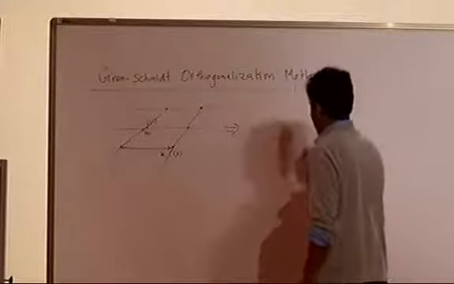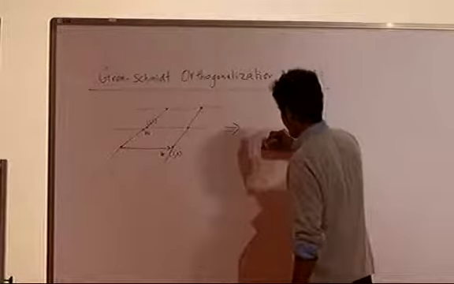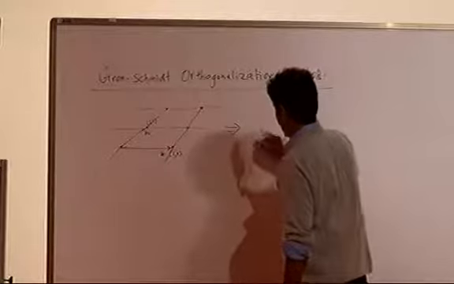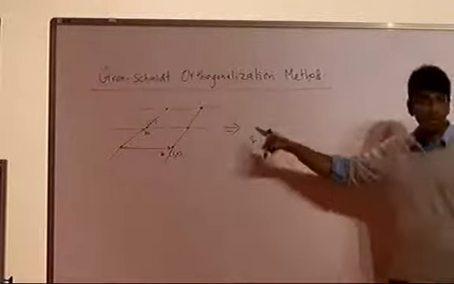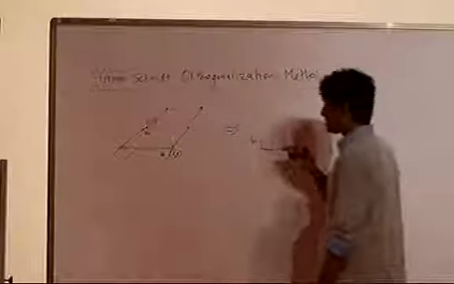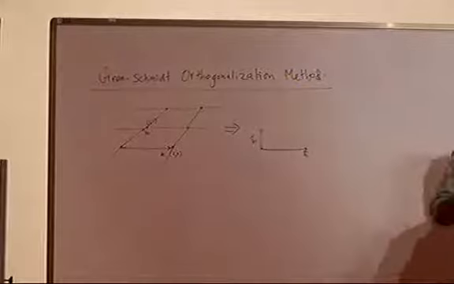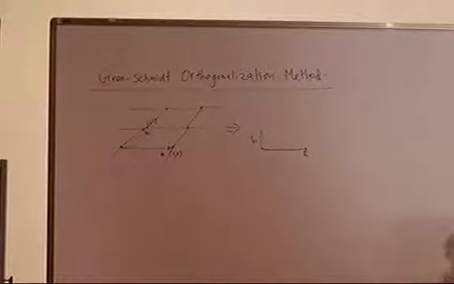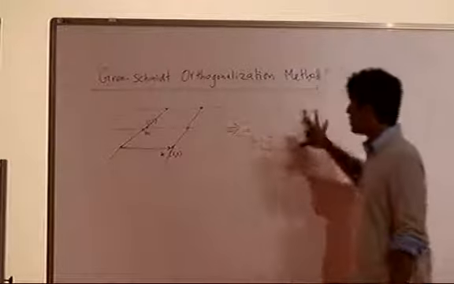It constructs a basis B1 tilde, B2 tilde, which is orthogonal. B1 tilde and B2 tilde are orthogonal. And this new basis has some very nice properties. So it's a way to convert a basis into an orthogonal basis.